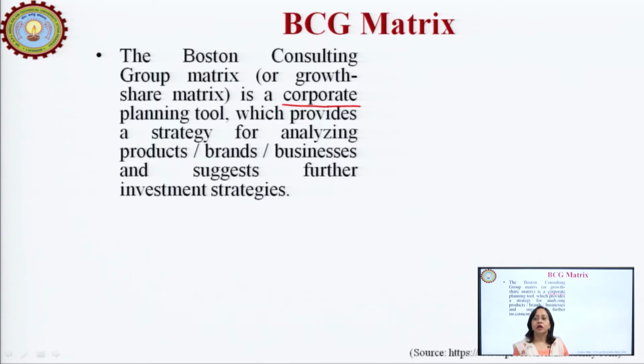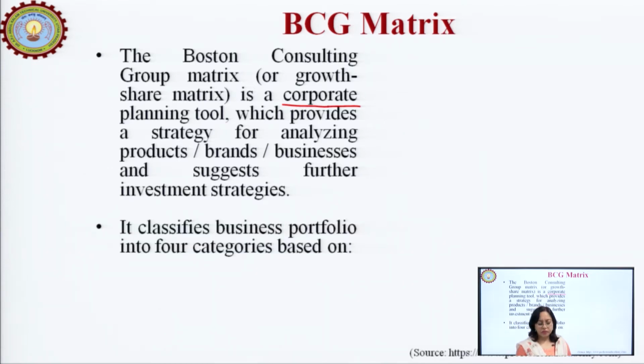So, this is a tool which helps a manager to decide in which businesses, products or brands it should invest more money, and in which businesses or brands it should withdraw money or maintain a stable position. It classifies the business portfolio into 4 categories.